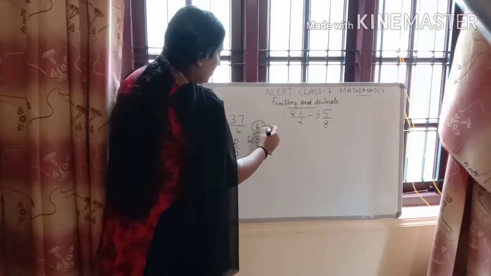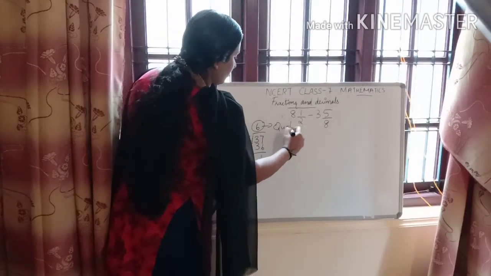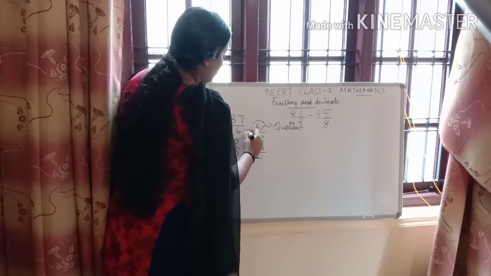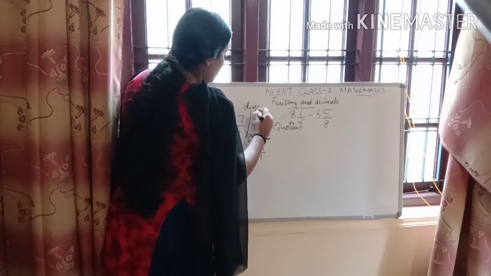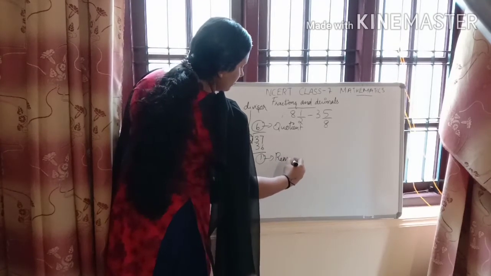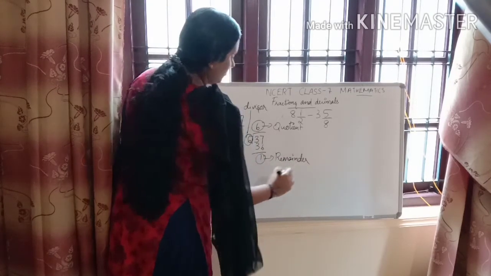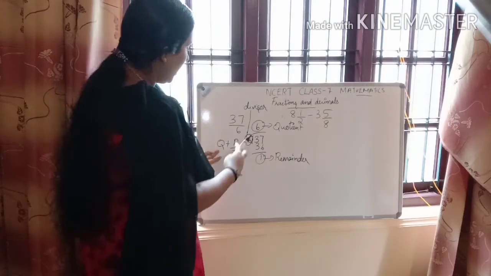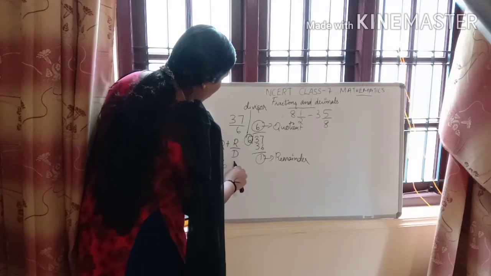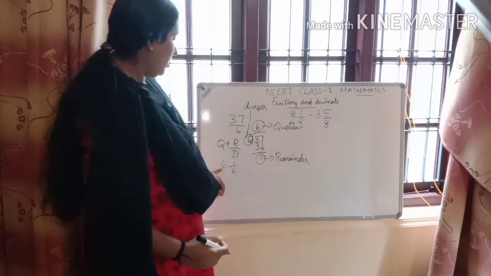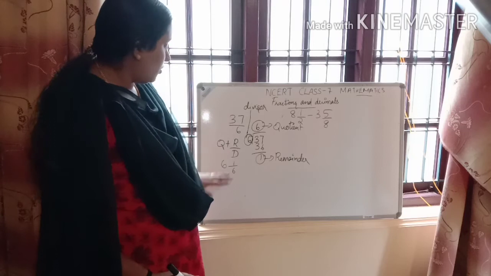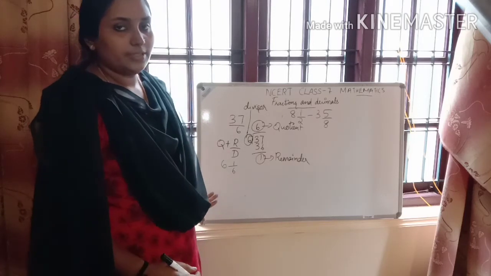This is the quotient, this is the divisor, and this is the remainder. Just write 6 1 by 6. This is the conversion of an improper fraction to a mixed fraction.